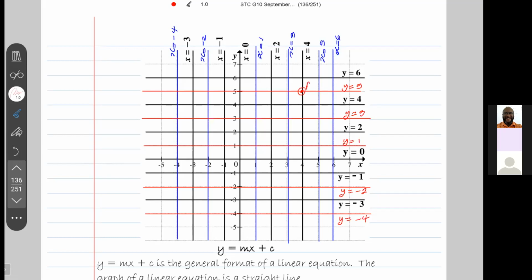So let's put in some points. A. B. C. D. So let's go for A. Guys, what is the equation of the vertical line that A is on?